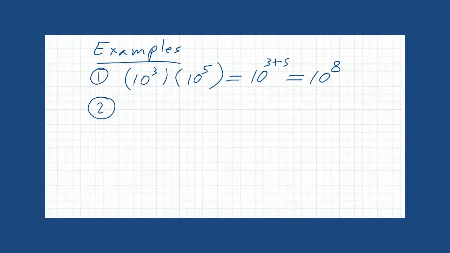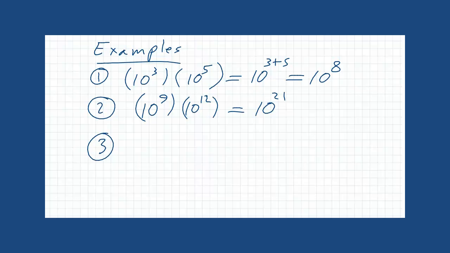Example 2, 10 to power 9 times 10 to power 12. Just put 10 and add the exponents, which is going to be 21. Example 3, 10 to power negative 9 times 10 to power 6.